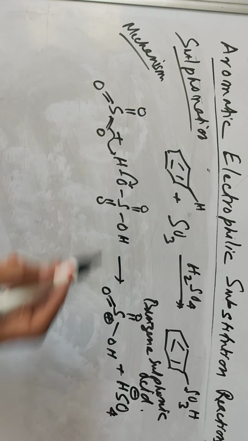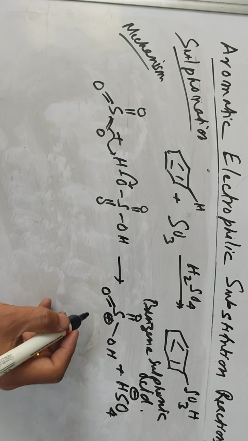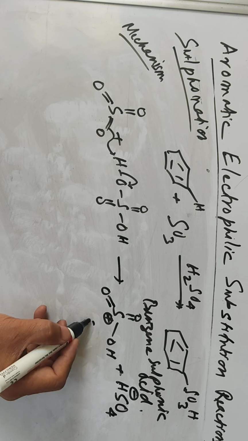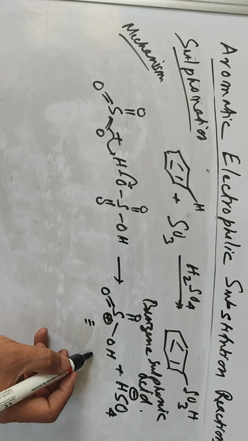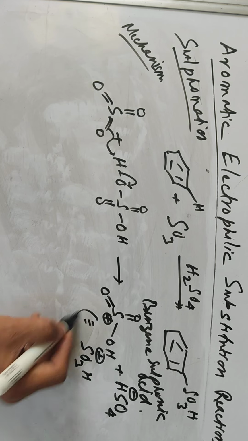One hydrogen here. So this is the electrophile, which we can write as SO3H positive charge.